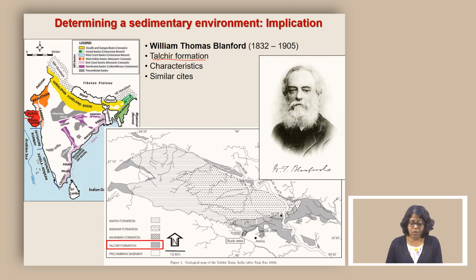These are rocks which are found near this place in Orissa, and you will always find very big, large rocks as part of this Talcher formation, and some of these rocks also have something called striation marks.